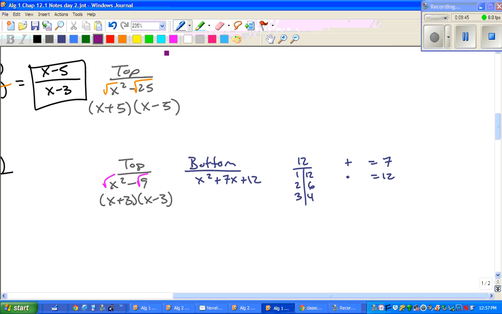Okay, what'd you get? How about 3 and 4? Okay, so we split the middle term. Take out the GCF of the front. You guys should be very good at this by now.